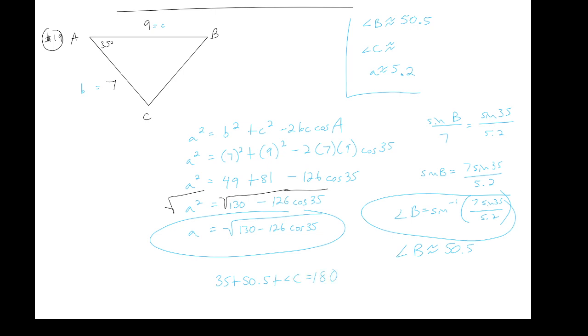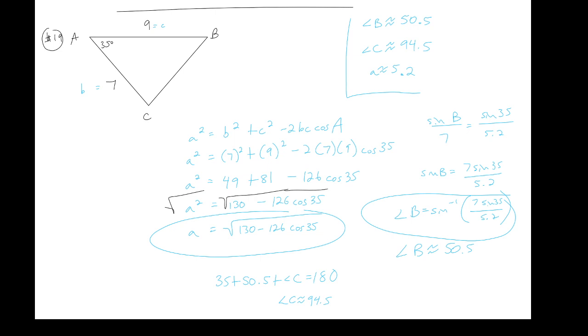I'm going to subtract both of those, and I'm going to get 94.5 when I solve for C. Which of course is an approximation, okay? And that's how we use the law of cosines. It's a little long, but it's doable nonetheless.